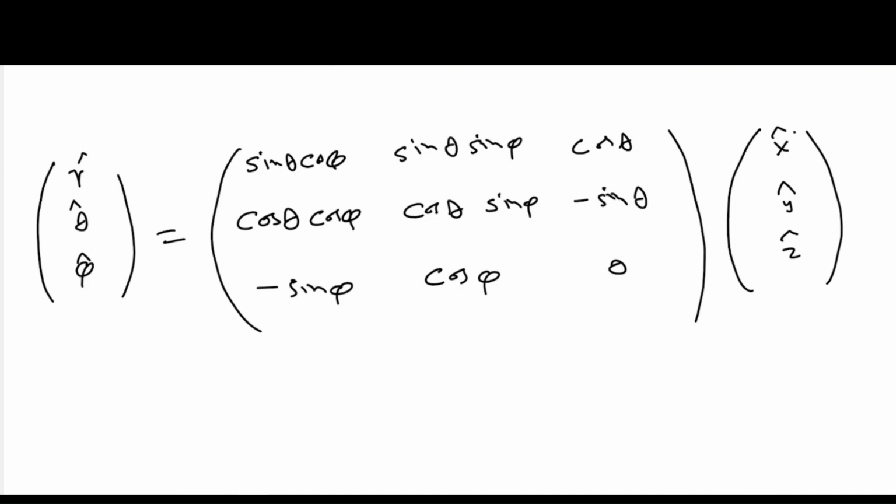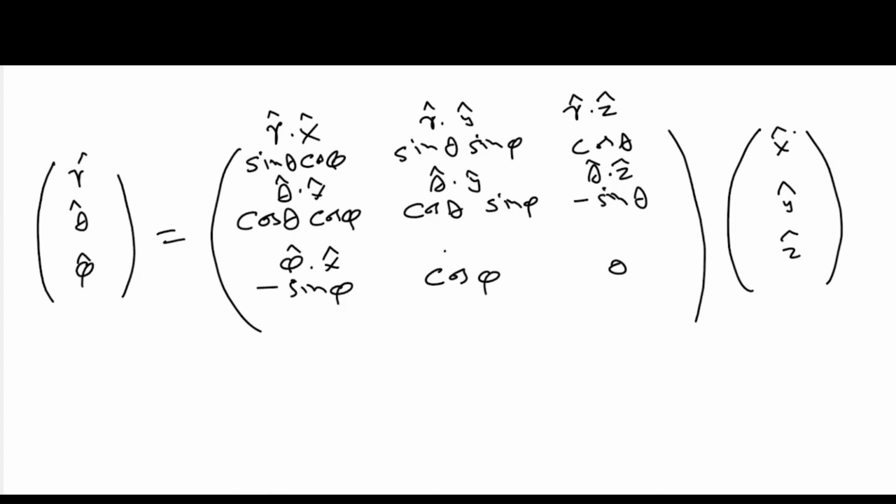Also observe that these factors in the matrix are the direction cosines between these unit vectors. That means this is r cap dot x cap, this is r cap dot y cap, this is r cap dot z cap and so on. Theta cap dot x cap, theta cap dot y cap, theta cap dot z cap, phi cap dot x cap, phi cap dot y cap, phi cap dot z cap.